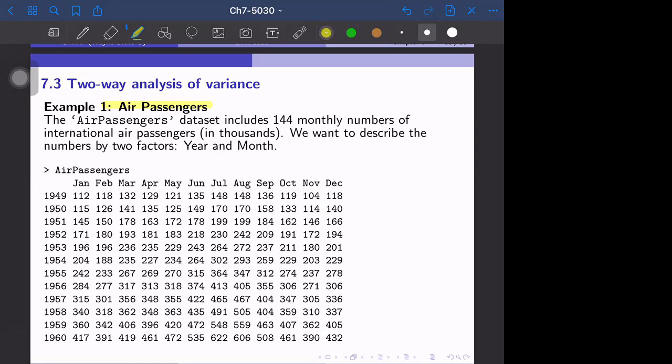Actually this data is interpreted as just the 144 consecutive observations for 144 months. But this has some seasonality, because the month of the year affects the number of passengers. And also we expect some increasing trend of air passengers over these years.